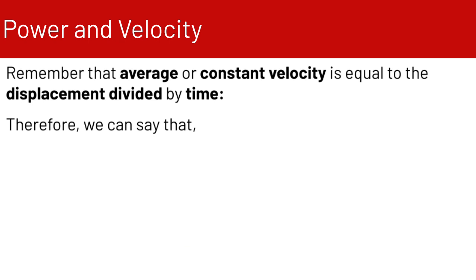All right, let's talk about how power and velocity are related. So remember that average or constant velocity is equal to the displacement divided by time. Average velocity is delta x divided by delta t.